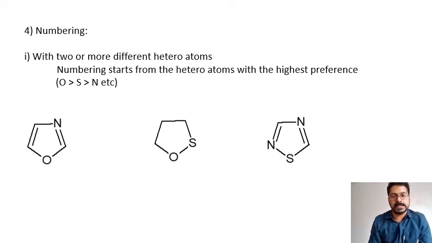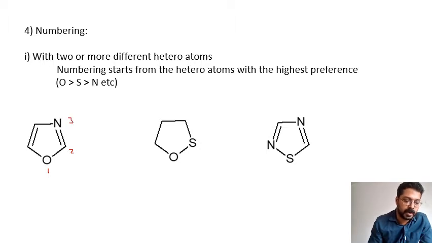Again, in the case of numbering, if two or more different heteroatoms are present, the first number should be given according to the order of preference, that is OSN: oxygen, sulfur, and nitrogen. So here 1 should be given to the oxygen. It is 1, 2, and 3.